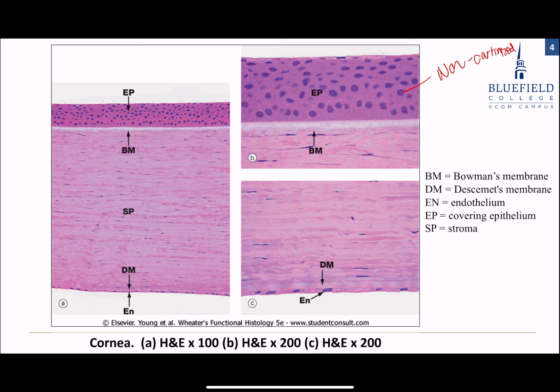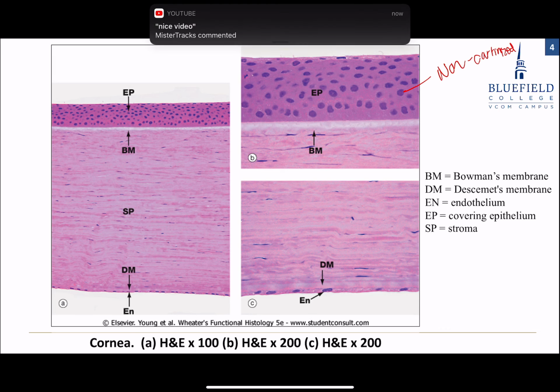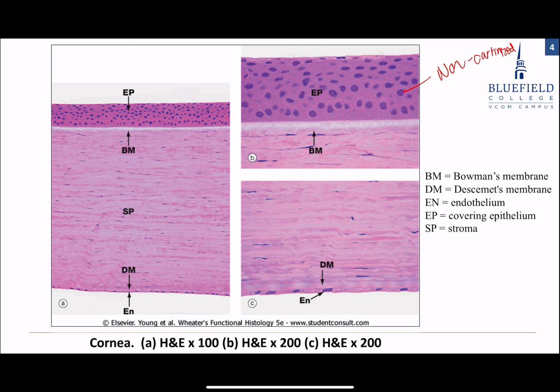It's called Bowman's membrane after the histologist who first described it. The bulk here of the cornea, if you look at the actual thickness, here's the epithelial thickness, here's that Bowman's membrane. The bulk of it here, if you had to describe it, you'd say it looks a lot like tendon, wouldn't you? Well, it shares a lot of qualities with tendon, but it's actually different as well.